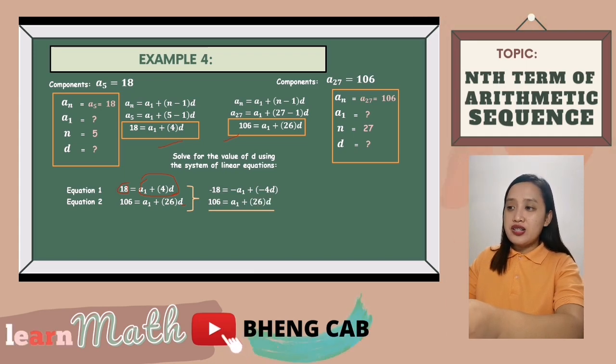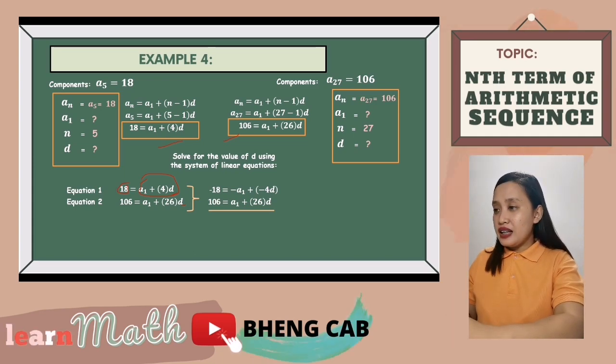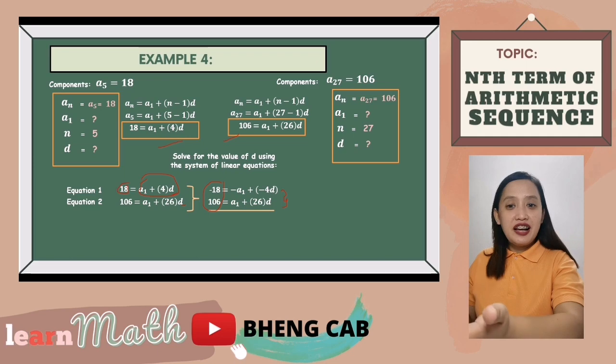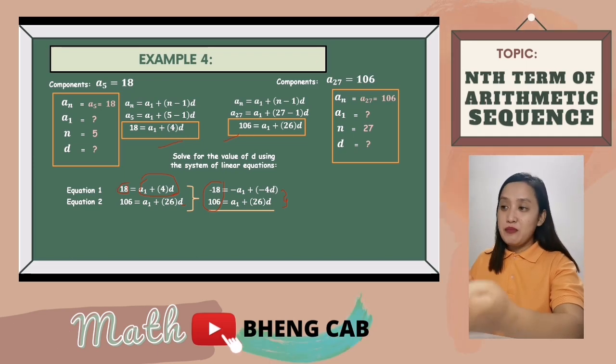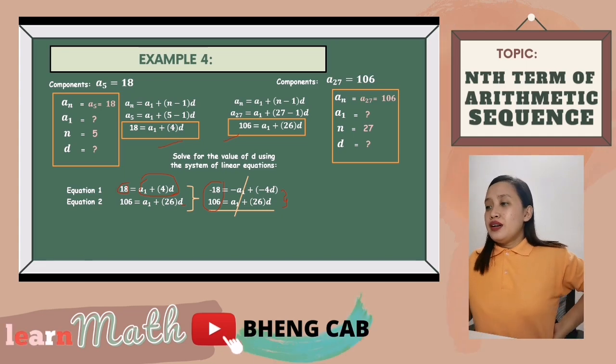So, yung pangalawang equation, wala tayong gagawin sa kanya. We'll retain it that way. Tapos, pag trinay na natin itong simplify, we have to add the equation 1 and equation 2. Ba't sila yung add? Kasi sila yung constant. Sila yung pwedeng ipag-combine. Pag in-add natin yan, we'll have here a certain answer.